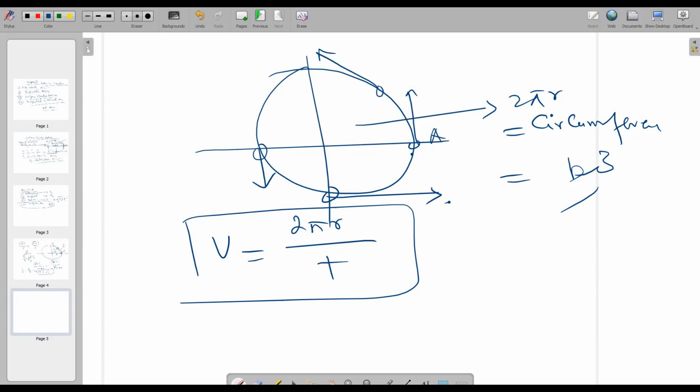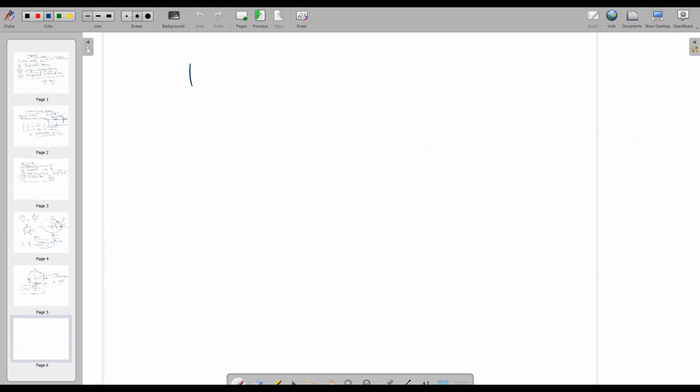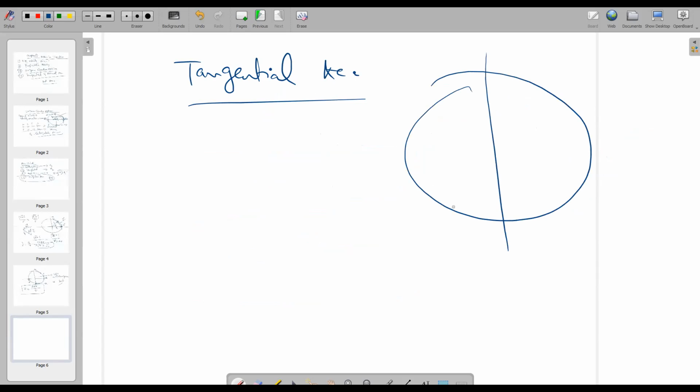So in the next part of this chapter, that is the tangential acceleration. But I just want to give you an idea why we are discussing tangential acceleration in circular motion. You know that motion is in a circle. If the point is here, its velocity is here.